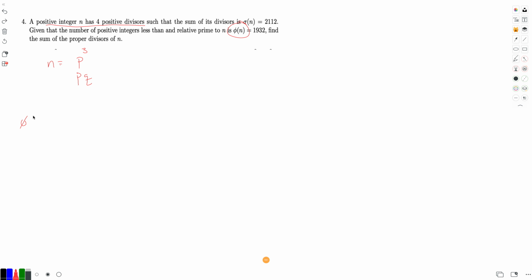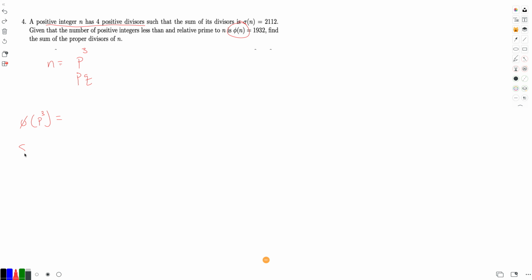So for phi of p cubed, we want to count the number of numbers that are relatively prime to p cubed. Since this is a prime power, this is easy, because all we have to do is take the number, p cubed, and subtract off the numbers that are not relatively prime. A number is not relatively prime to p cubed if it shares a factor with it.